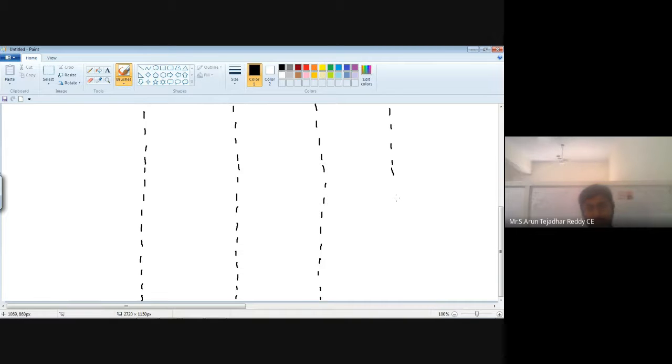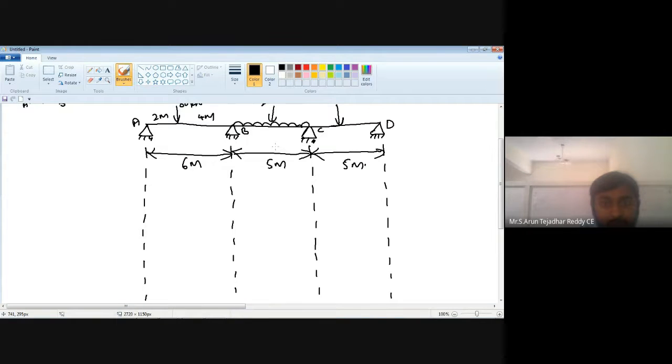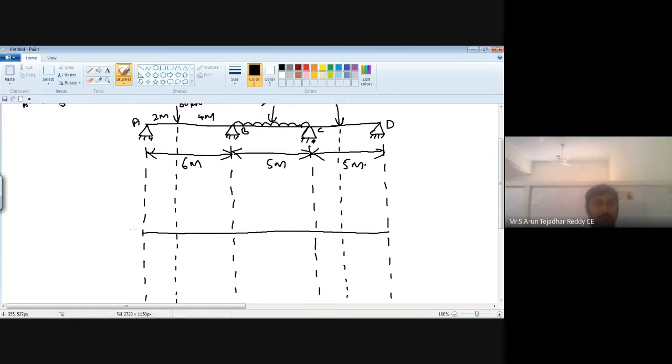There is no confusion. But in the shear force, somewhat difficult. But don't worry, I'll explain clearly. And here the load is acting, and here also the load is acting. Yes, first is the maximum bending moment diagram.